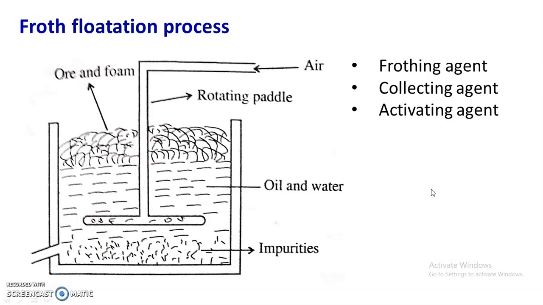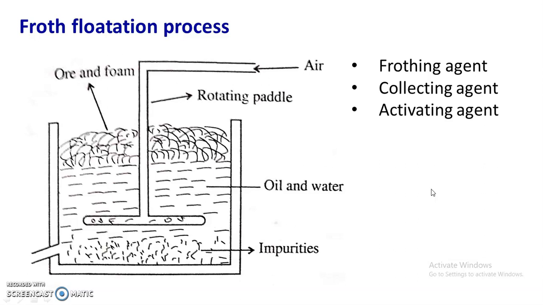Actually, a promoter activates the catalyst. In the same manner, the activating agent activates the role of the wetting agent. So it makes the mineral get wetted easily by the collecting agent.